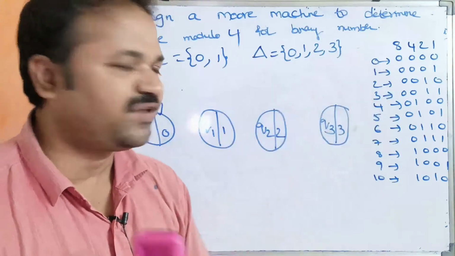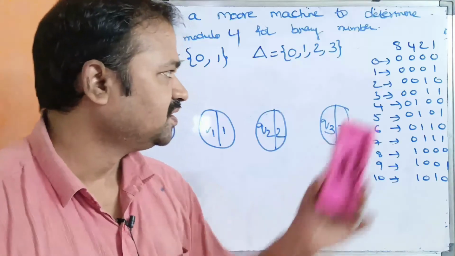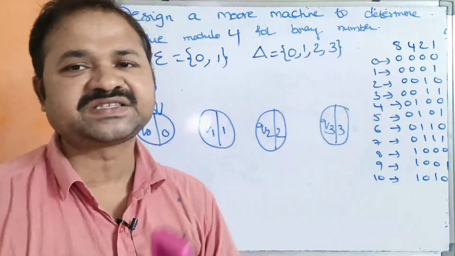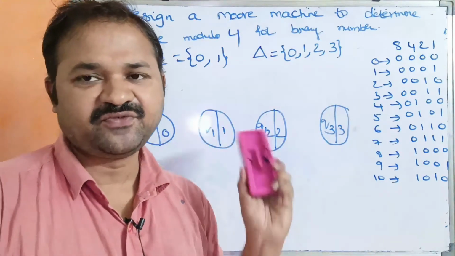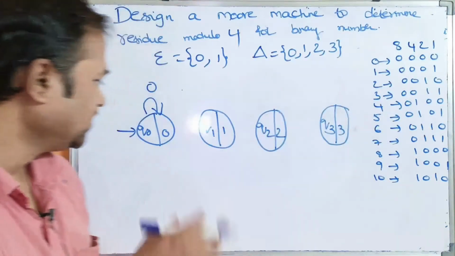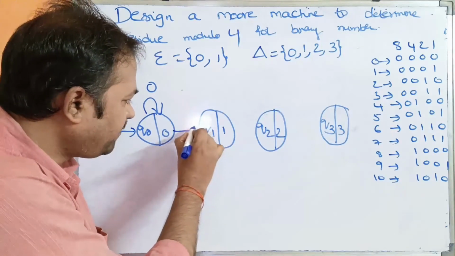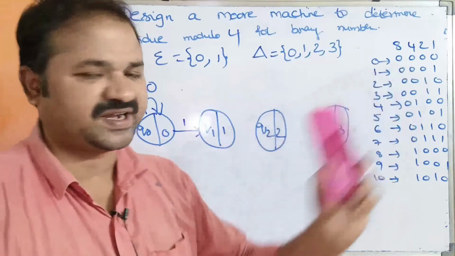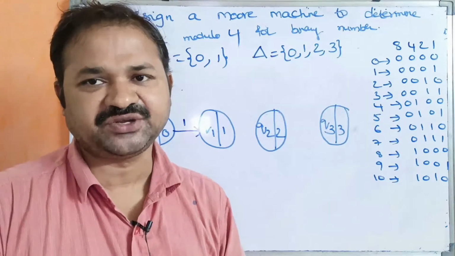And now let us consider 1. What is the result of 1 modulo 4? It is 1. So if we apply 0 0 0 1, then we have to get output 1, which is the output of Q1. So we need to be at the Q1 state after performing this operation. So 000 we can apply here, and next if we apply 1, we will be at the Q1 state. Output of Q1 is 1. Now let us consider 2. 2 means 0010.